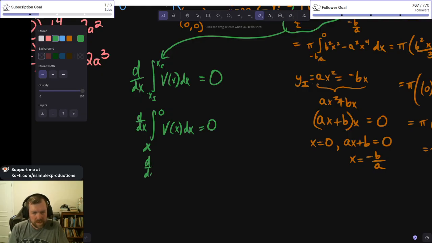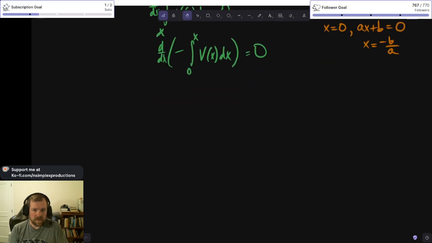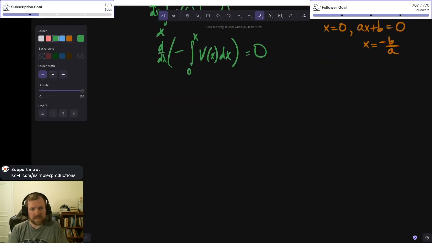So this is going to be still the derivative of negative integral from 0 to x of v of x dx. It's going to be equal to 0. So then we say, how do we actually take the derivative? It's negative v of x equals 0, so just v of x equals 0 should be the same value.